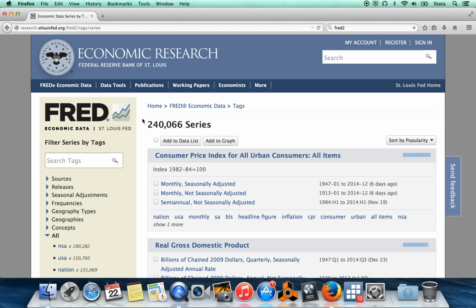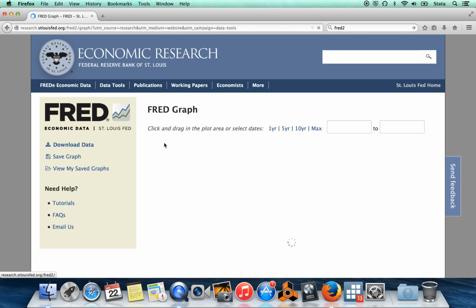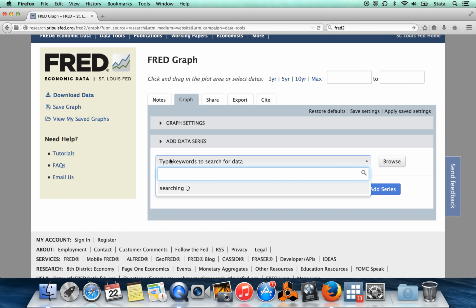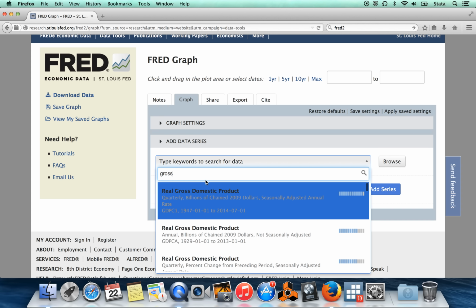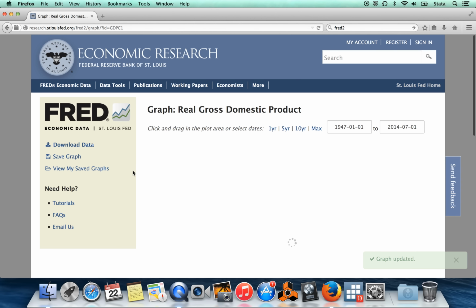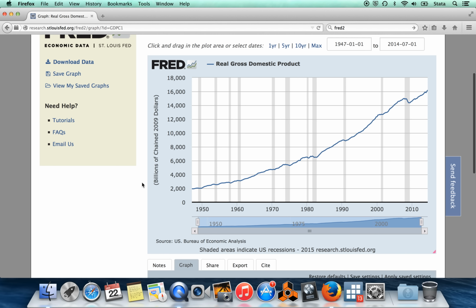Another really nice thing about FRED is that they have built-in data tools. I'm just hovering over where it says data tools here, and you can see that you can create your own maps and graphs. I'm clicking on create your own graphs, and I'll show you some of the things you can do. I'm just going to look for gross domestic product, and I'm going to select the real gross domestic product series. And just like that, it takes the series and makes a graph.